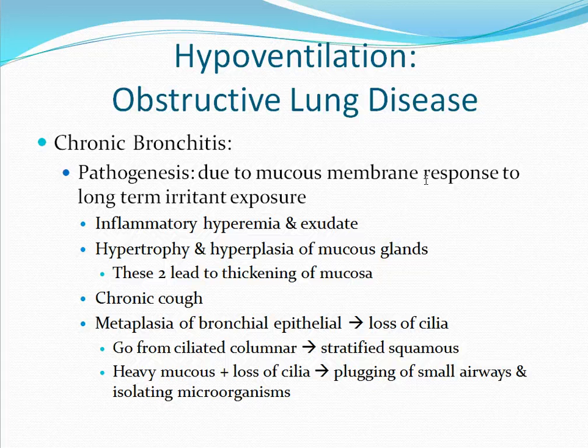You also see metaplasia of the bronchial epithelial tissue. They will lose their cilia. They will go from being ciliated columnar epithelial tissue to stratified squamous epithelial tissue. Due to the heavy mucus and the loss of cilia, this will cause the small airways to be plugged, and it will also isolate microorganisms.